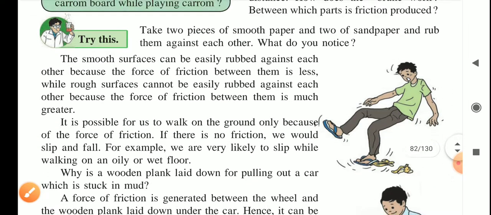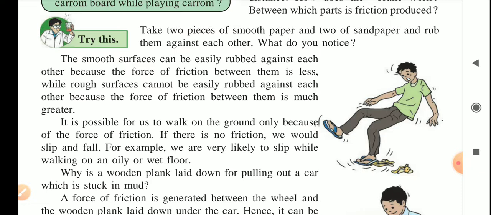So it is possible for us to walk on the ground only because of the force of friction. If there is no friction, we would slip and fall. When the ground surface is wet or oily, there is a chance that we might slip and fall while walking on the oily or wet floor, right?